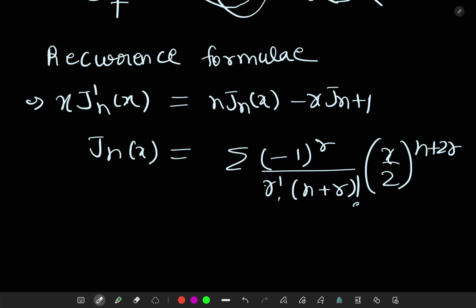Using this formula, first we differentiate and then multiply by x and solve that condition, and we get this recurrence formula.